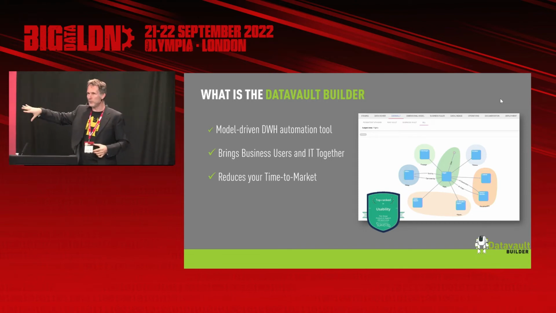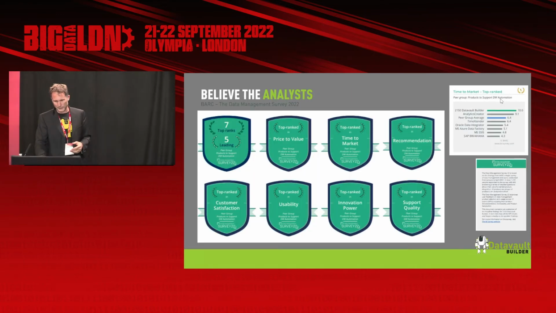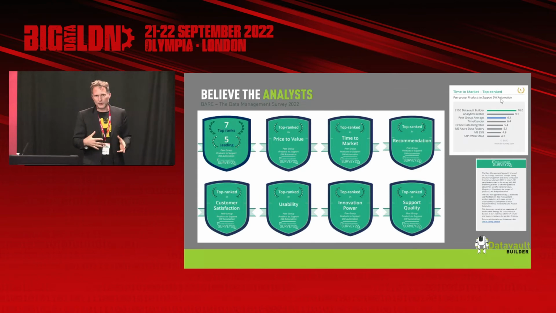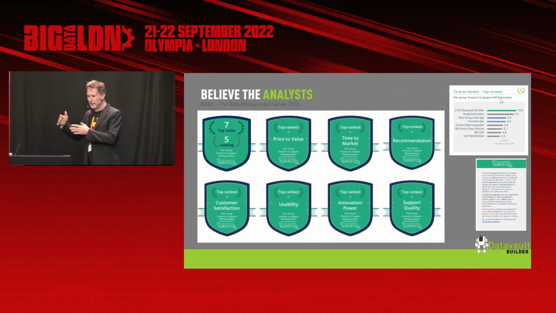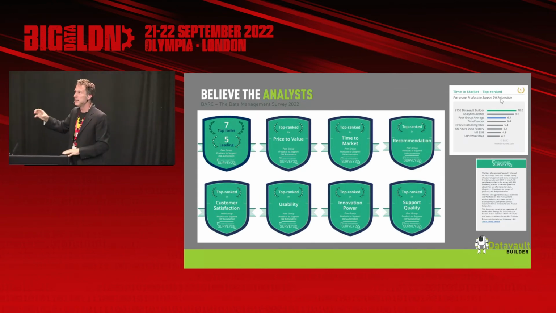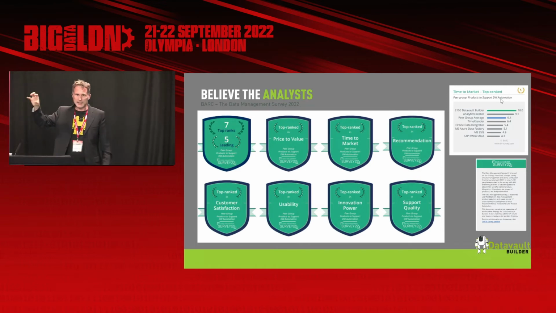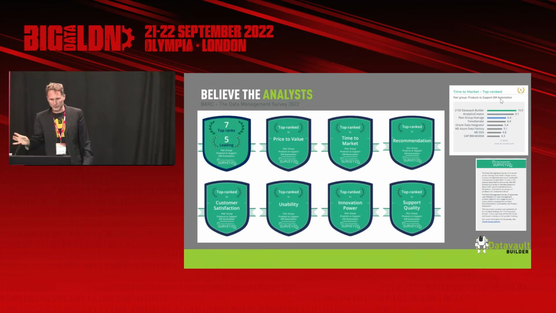So you start with the model and you connect data to it, and it generates all this kind of information. Based on the BARC research, we have created the tool with the best time to market, and this is exactly because it's driven by this approach: we start with a model, link it, and we can deploy it immediately in a completely automated way.